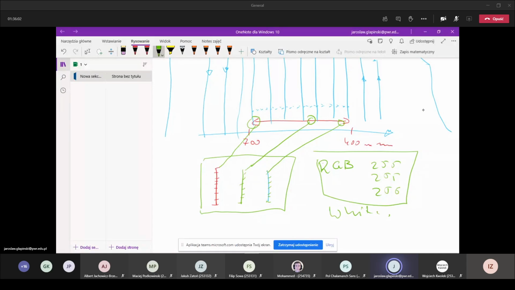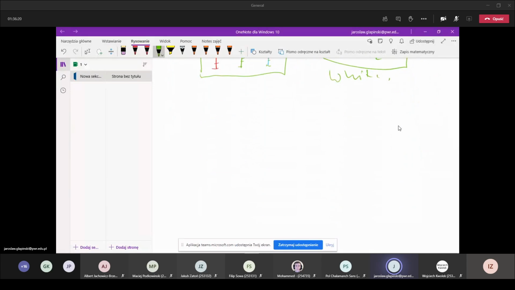This means that we can have only these 3 frequencies to see the white light, or we can have a full spectrum of frequencies. So there are 2 different white light emitting diodes.